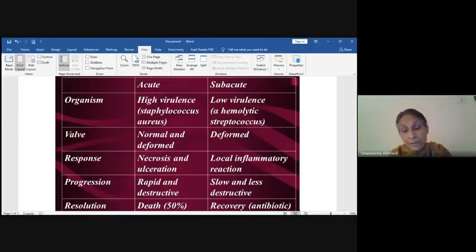Now, again, you have to distinguish which is which, and how can we differentiate between the two varieties. Now, in dilated cardiomyopathies, as the name states, the heart is dilated. It has become a bag.